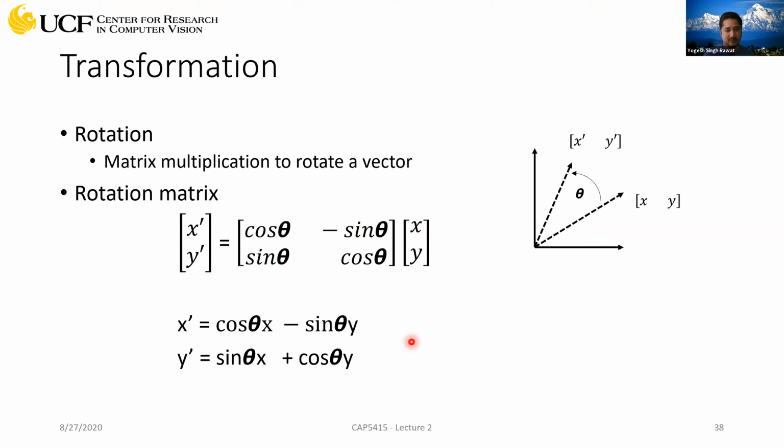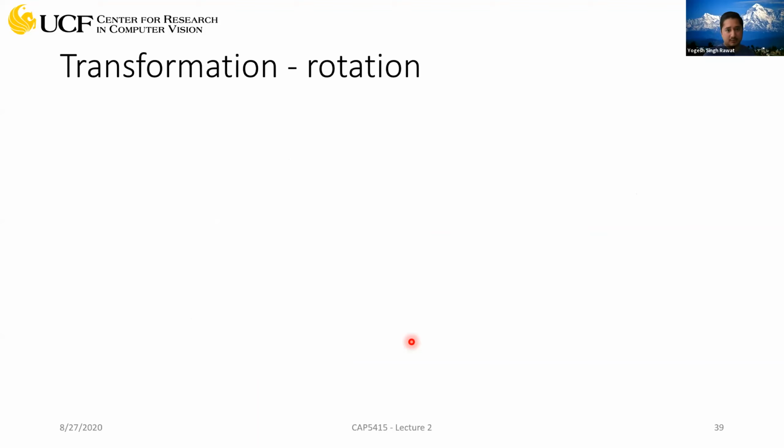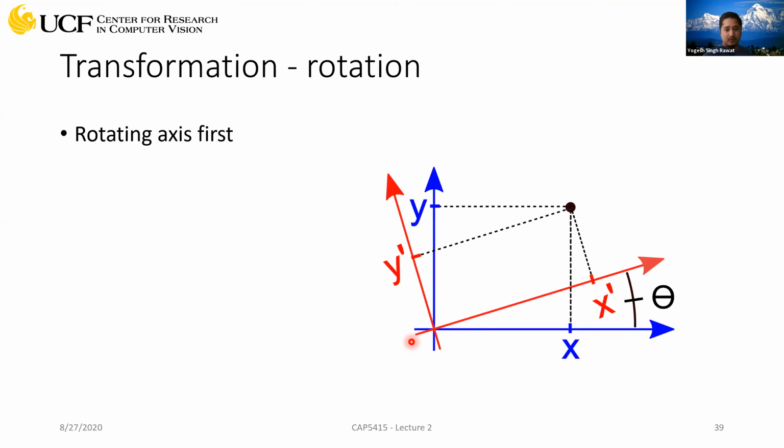Now let's try to understand why this matrix actually rotates this particular vector. Before looking into vector rotation, let's first try to rotate the axes. By rotating the axes, I mean let's say you have the original axes y and x, and you want to rotate this whole Cartesian plane by angle theta.